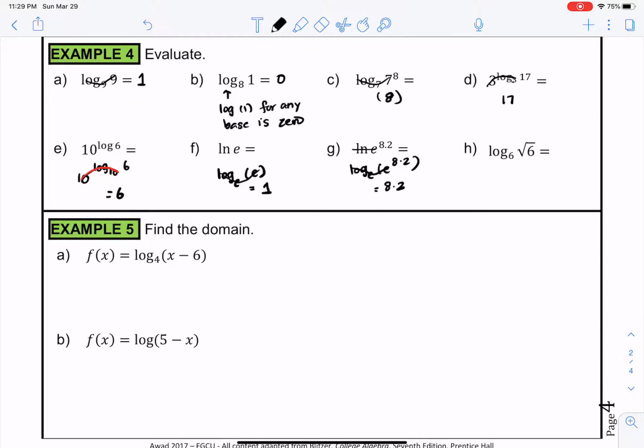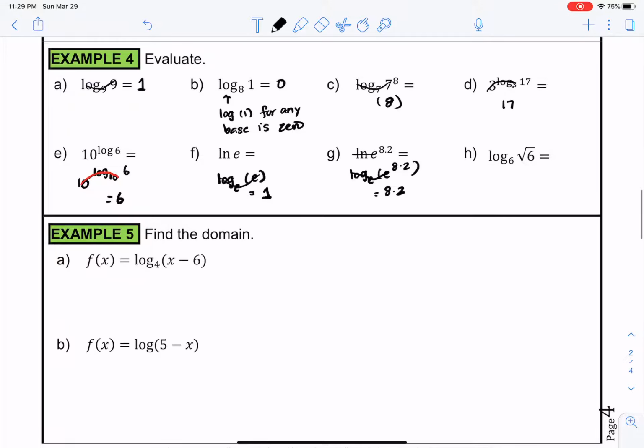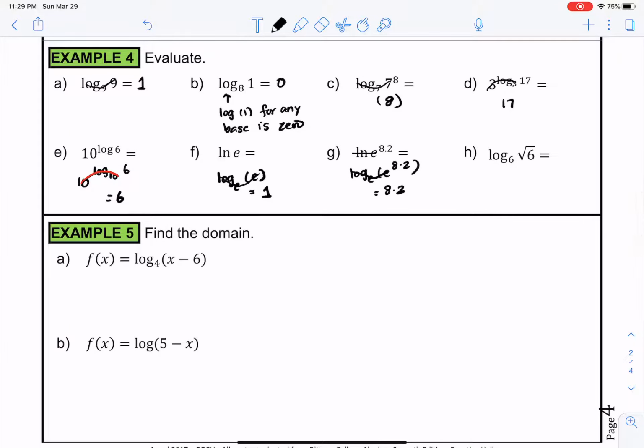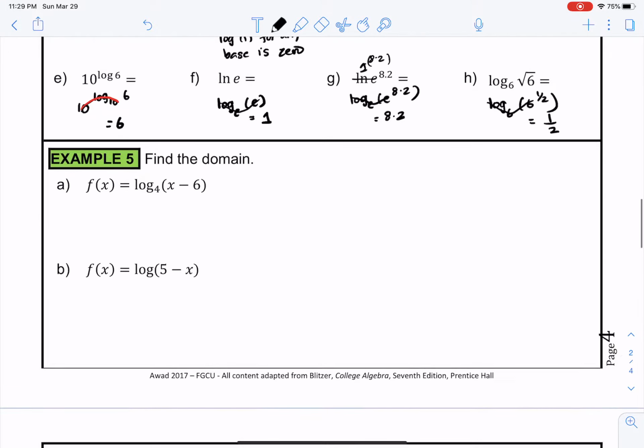Again, I'm using the phrase 'that sort of' because it's not a formal way of interpreting natural logarithms, but it is easier to look at it this way. ln kind of crosses out e, and we have 1 times 8.2, which would give us 8.2. Here, we could write log base 6 of 6 raised to 1/2. Those two sort of go away, and you'd end up getting 1/2.